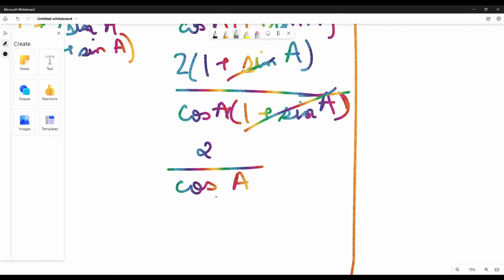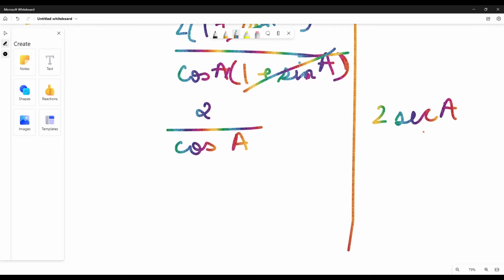Now we know the RHS is 2 secant A. So either you can convert the RHS or the LHS, whatever is your wish. We can directly convert this.